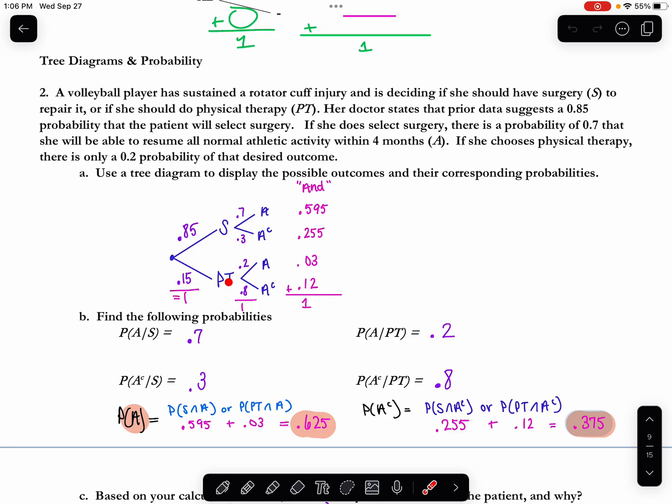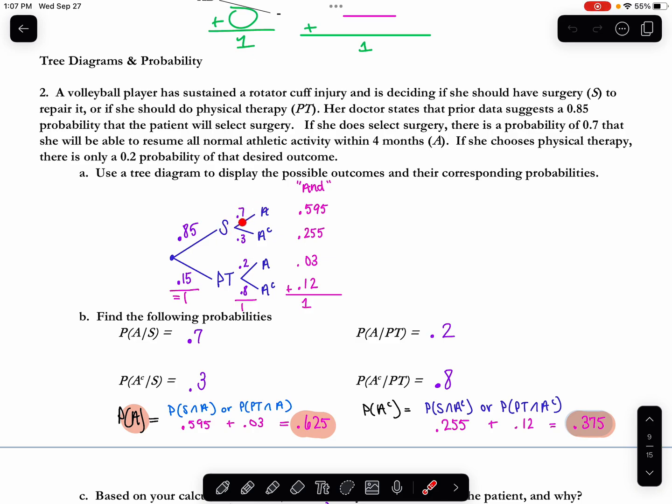After you choose surgery or physical therapy, we start looking at whether or not she can resume normal athletic activity within 4 months. That's the second data point we're looking at. If she does select surgery, there's a probability of 0.7 that she will be able to resume all athletic activity. We'll call that A. So in the tree diagram, if we select surgery, she will be able to resume all athletic activity, A, with a 0.7 probability.